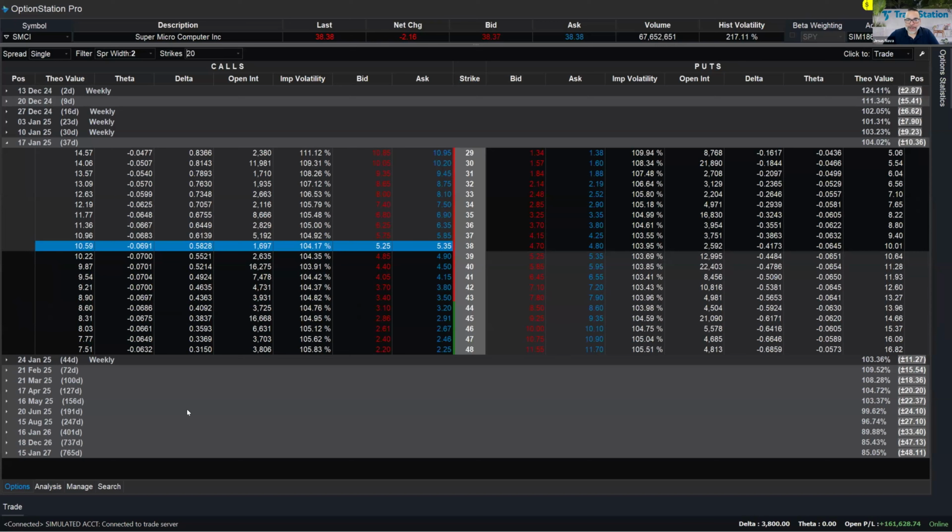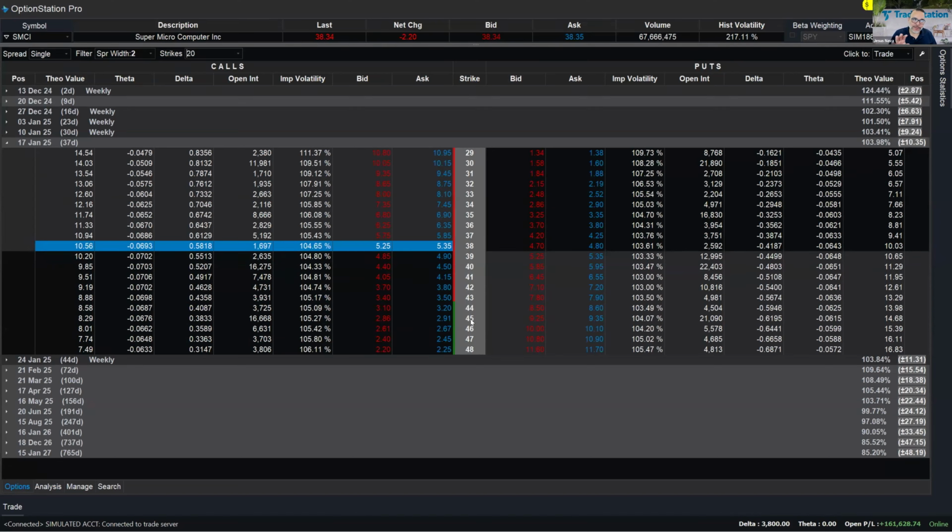For example, if I were to buy the 38 call, but at the same time, I were to sell the 43, let's see, or maybe even more, maybe the 45, because we think the price is going to go up to 45, but not any further.